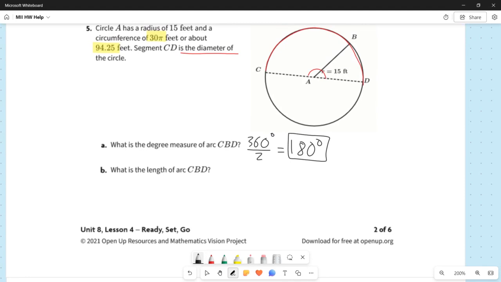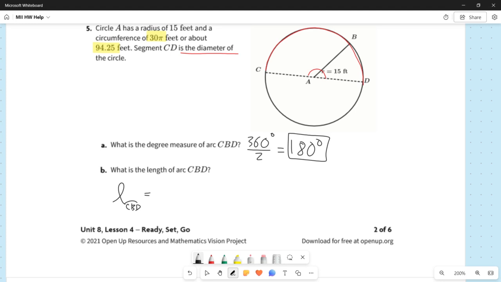Well, as we've now seen a few times here, the length of an arc, so CBD, like that, is going to be some ratio of the entire circumference. The ratio is the measure of the central angle over the full measurement of a circle.